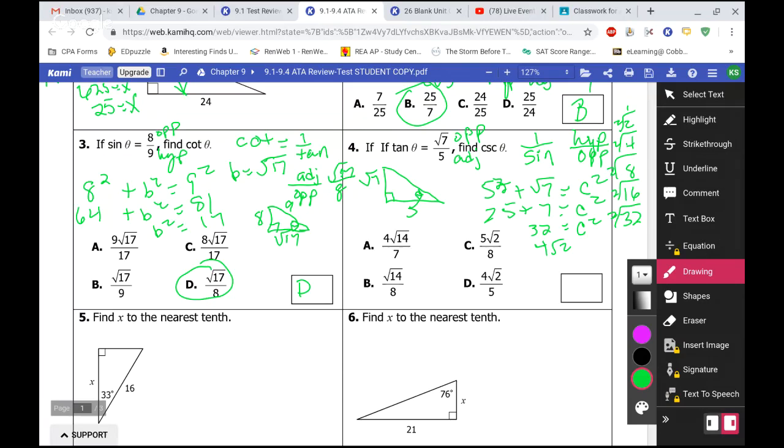Okay. I have Momo asking me questions at the same time, so I'm a little shook. I'm sorry. 4 root 2 over root 7. I'm in math lab.